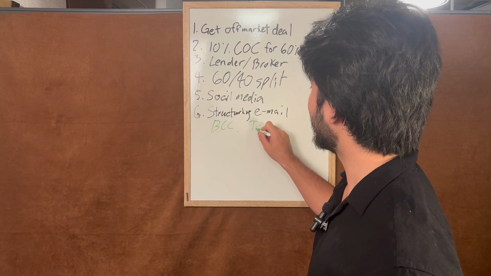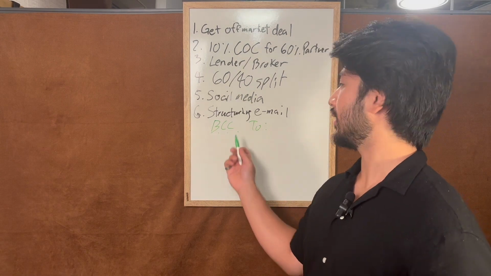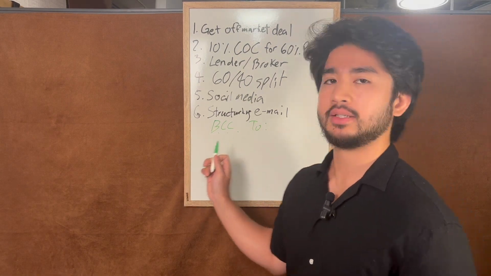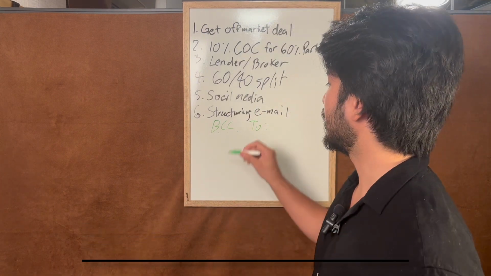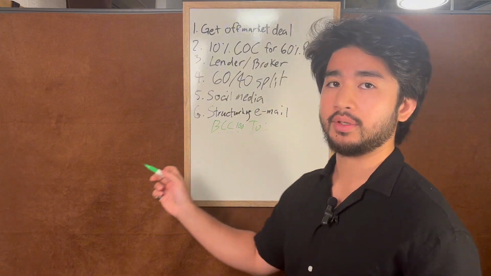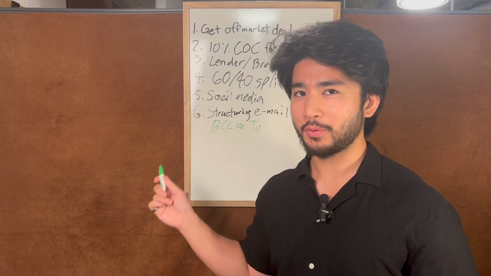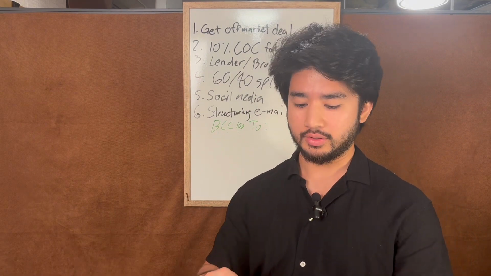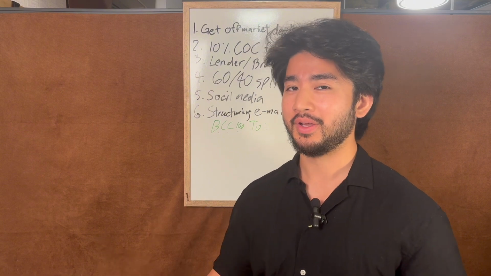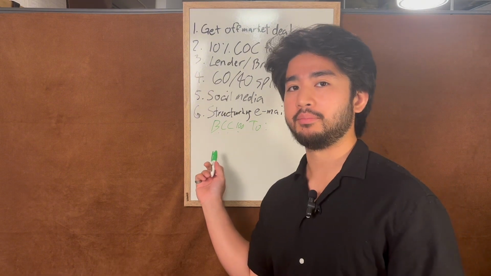Do not send it to the To. Send it as a BCC. BCC means blind carbon copy. So when you have a list of 100 people, let's say you have 100 different emails, you don't want them to see each other, of course. You want to make sure that they don't know that you are sending it to other people too. So that's why you put it in BCC.